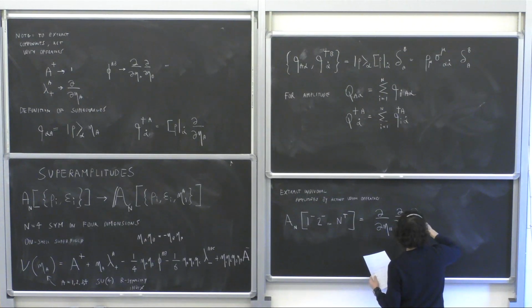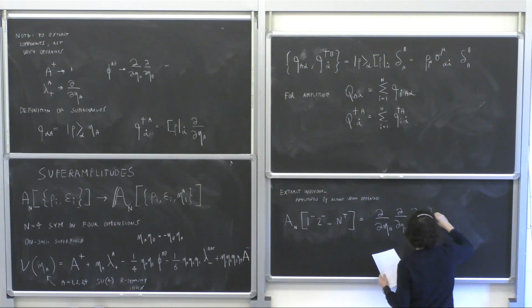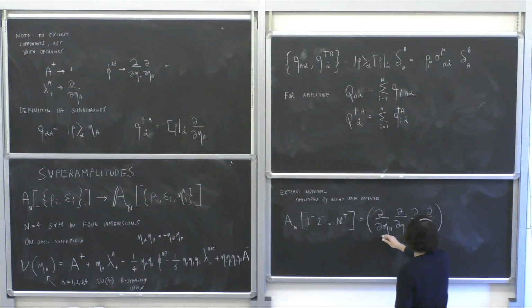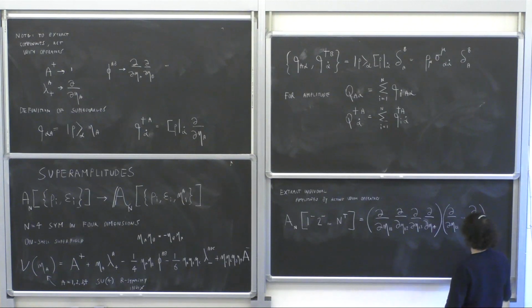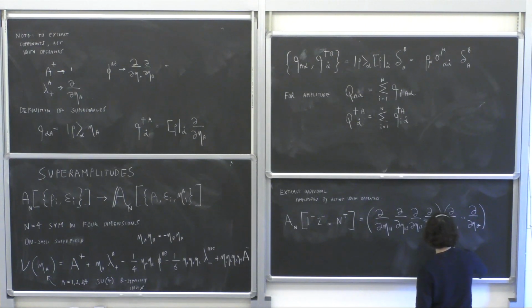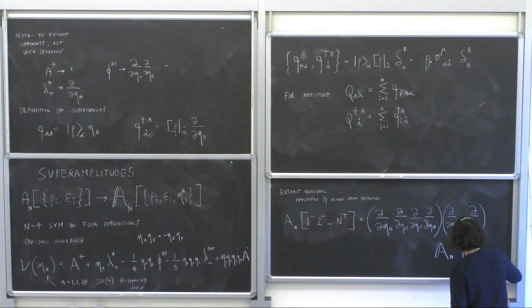So this is corresponding to leg 1, the differential operators with respect to all 4 Grassmann variables. Same thing for leg 2, eta 1 dot dot dot eta 4. And this operator acts on the super amplitude at n points. And of course, as you say, the other etas are set to 0 in here.